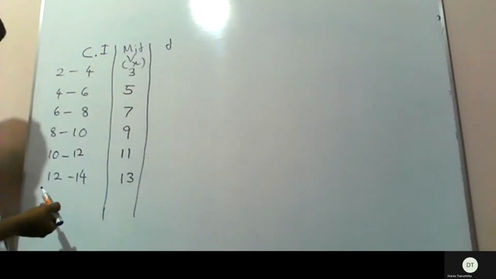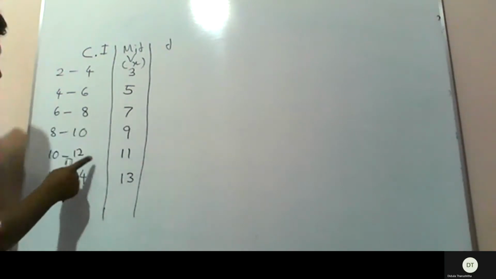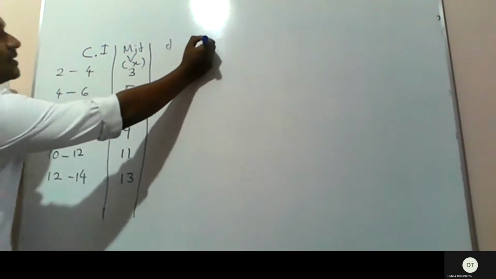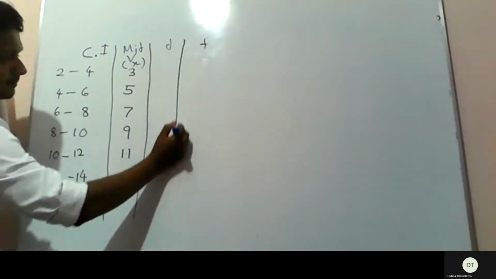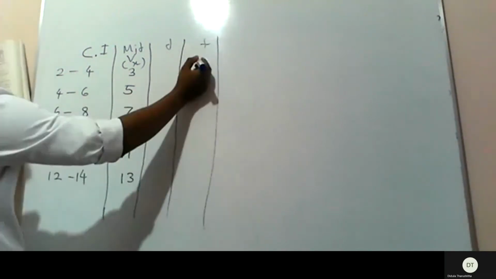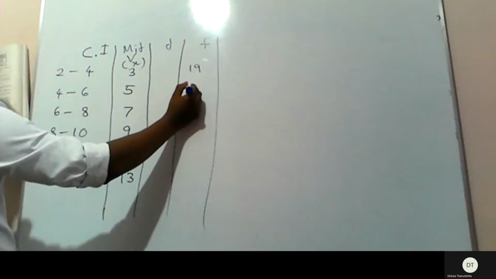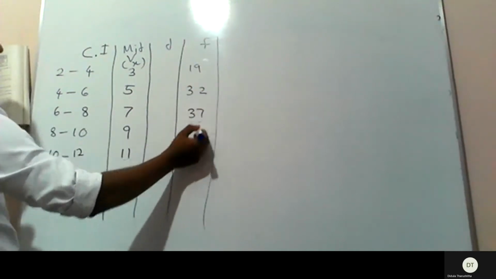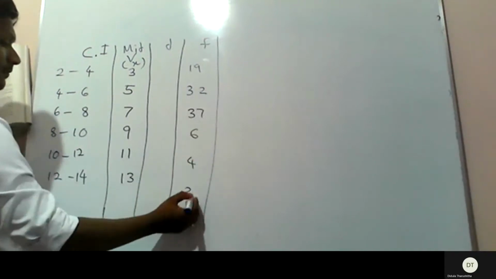Next, deviation. Deviation means we take the maximum frequency. What are the frequencies? 19, 32, 37, 6, 4, 2.